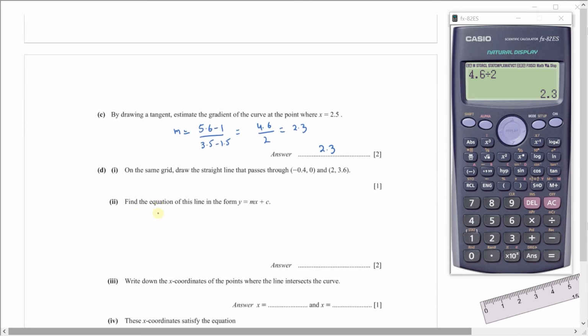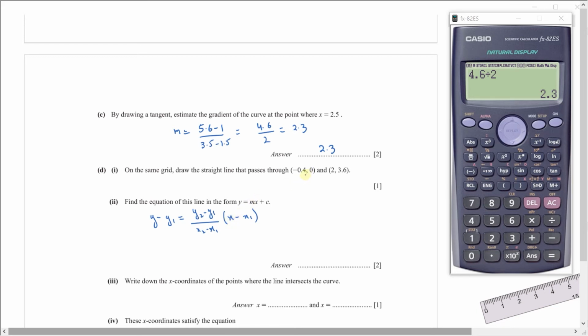So the next part is find the equation of this line in the form y equals mx plus c. So you're already given 2 points on the line. We can use these. So the equation, I can find y minus y1 equals the gradient, which is y2 minus y1 over x2 minus x1, times x minus x1. So this will be the equation of the line.